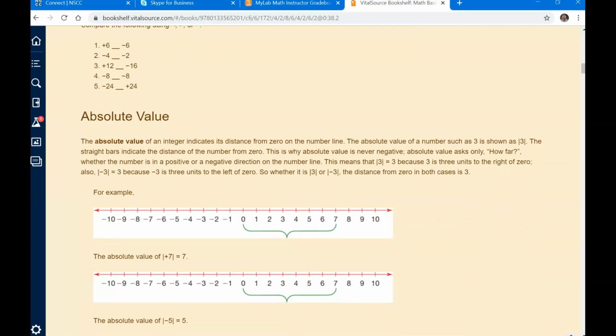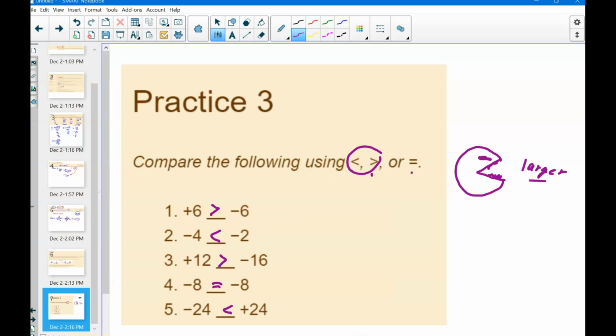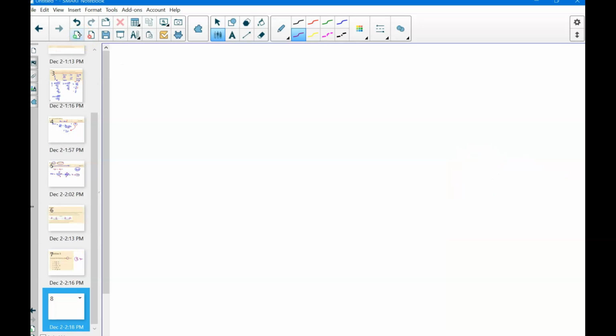Absolute value. I got two things to say about absolute value. Don't read your book. Don't go there, because that's mind pain. So the big thing to think about absolute value is this.